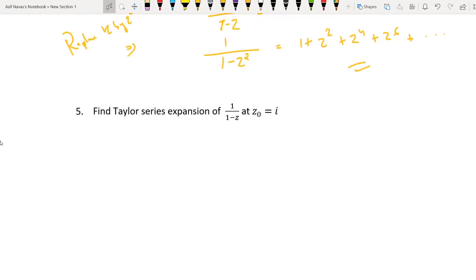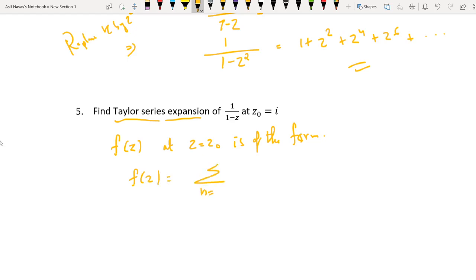Now the next problem is, we want to find the Taylor series expansion. So we know that the Taylor series of f of z at z equal to z naught is of the form f of z is equal to sigma n equal to 0 to infinity f raised to n, that is the nth derivative at z naught, divided by n factorial, times z minus z naught all power n.